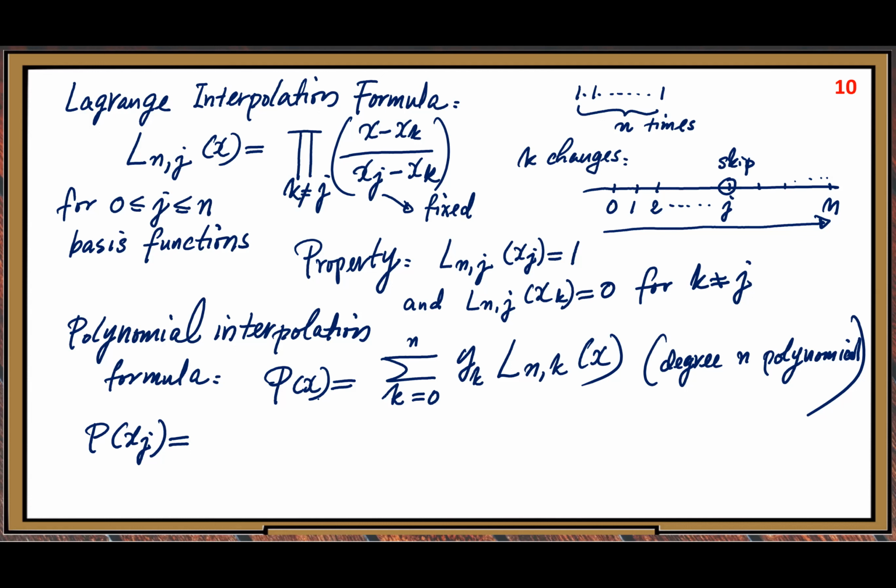Then we plug in xj. When k is not equal to j, all terms are 0, so we get 0 plus 0 plus and so on.